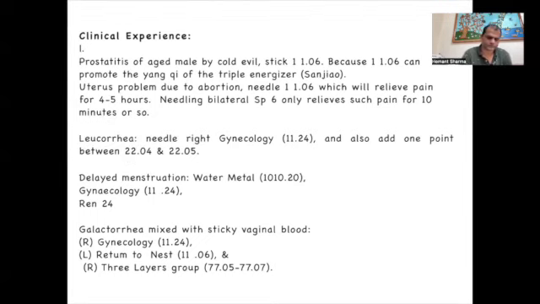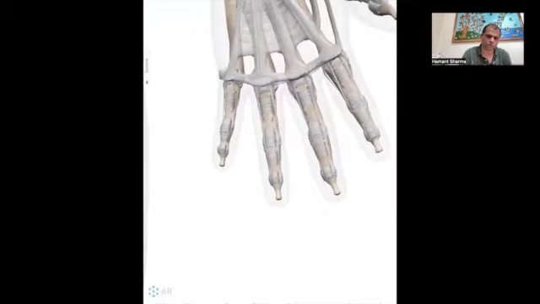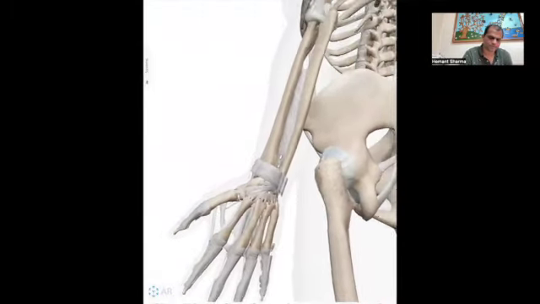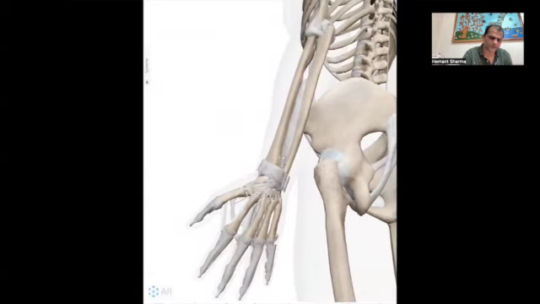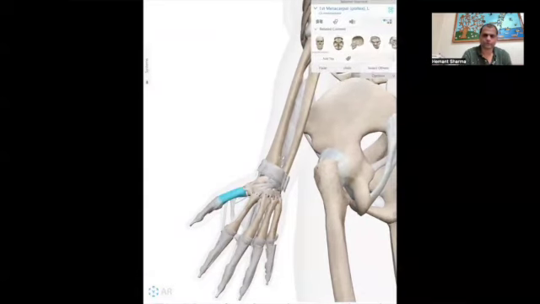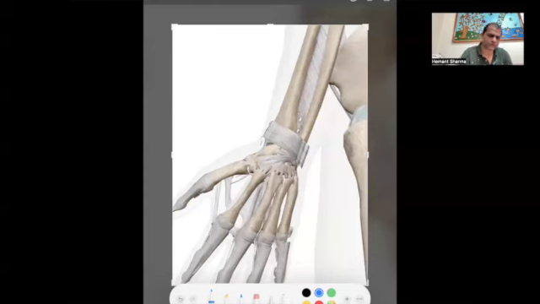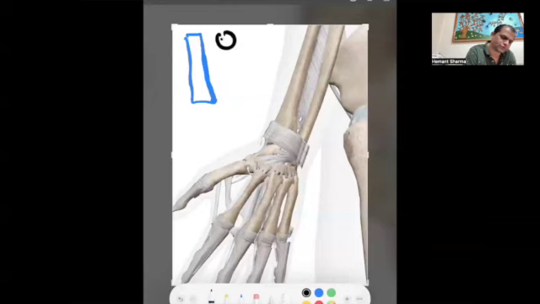Let's see here. This is the palm, and these are the bones: first bone, second bone, third bone, fourth bone, and the fifth bone. These bones are called metacarpal bones. Each and every metacarpal bone is like a complete body, representing the whole body.